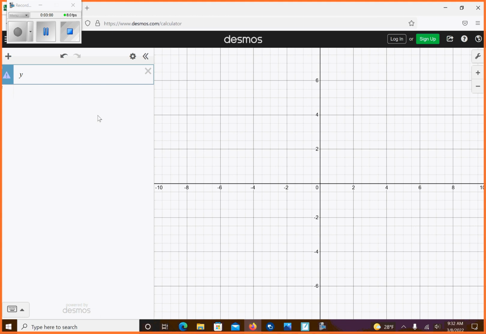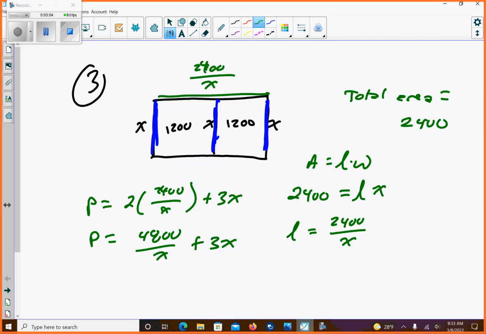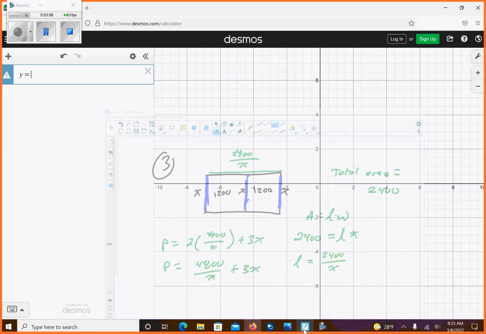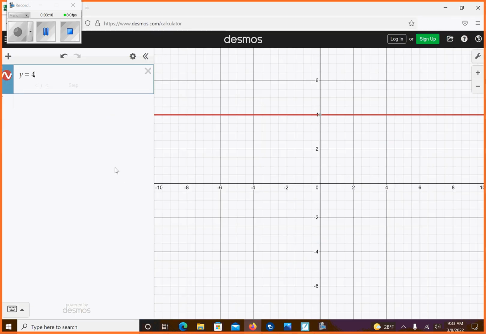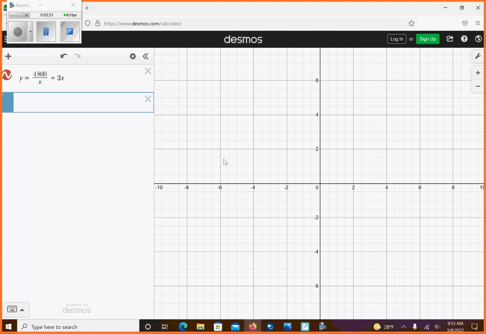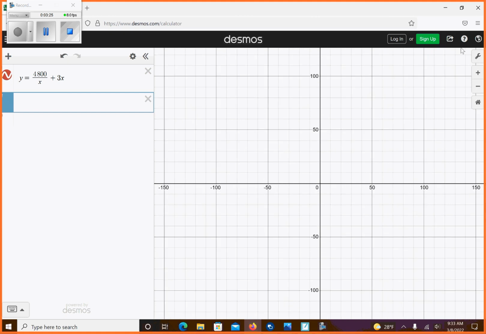So I'm going to go y equals 4,800 over x plus 3x. All right, let's see what this gives us. Zoom out until we see something.